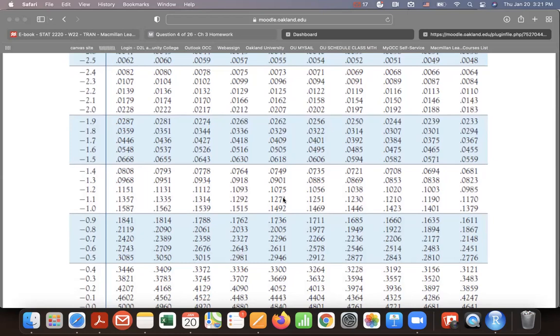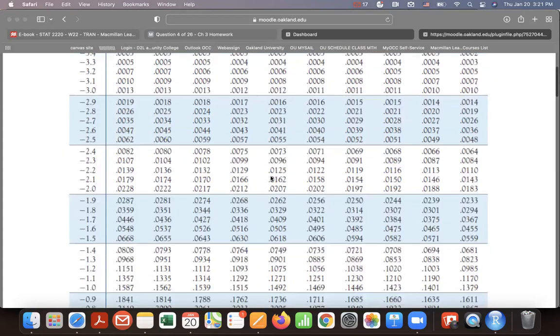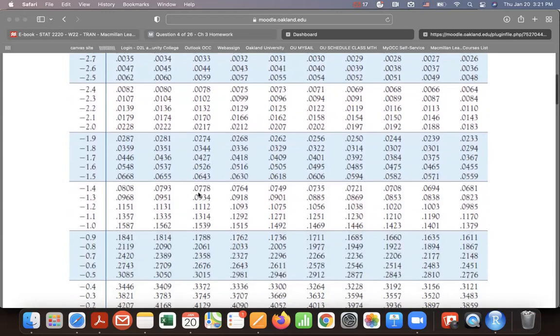I'm using my mouse. Hopefully you guys can see it. 0.0901 and 0.1075. Is that what you did, Fatima? I'm so sorry. Yeah, so negative 1.34. Okay, that's fine.